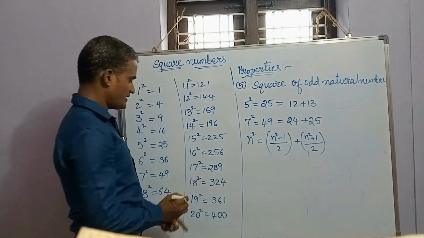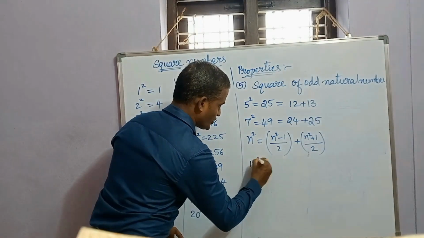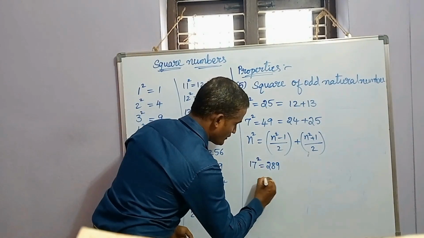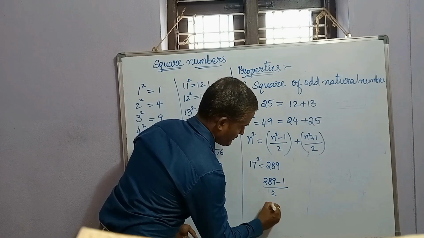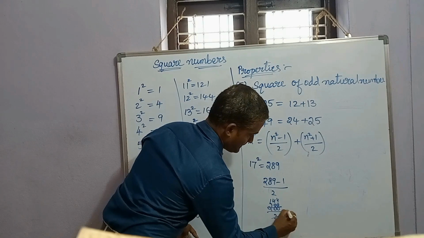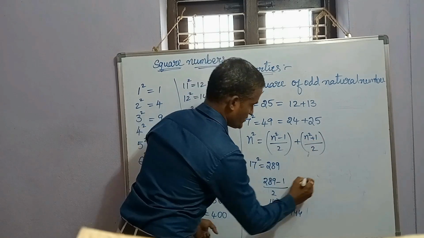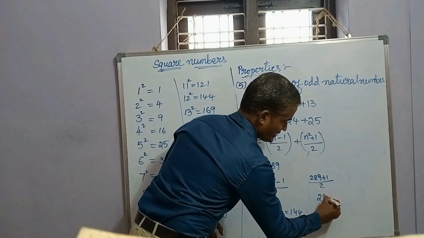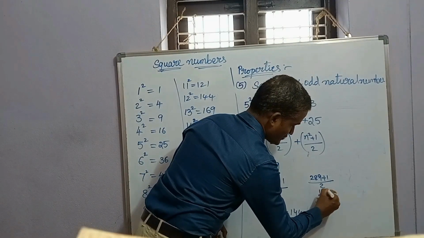Suppose you want to write this odd number 289. So 17 square, you want to write it as the total of two consecutive numbers. Then how can you write? First you do n square minus 1 by 2: 289 minus 1 by 2. The answer will be 288 by 2, which is equal to 144. And the next, n square plus 1 by 2: 289 plus 1 by 2 is 290 by 2. 2 ones are 2, 2 fours are 8, 2 fives are 10.